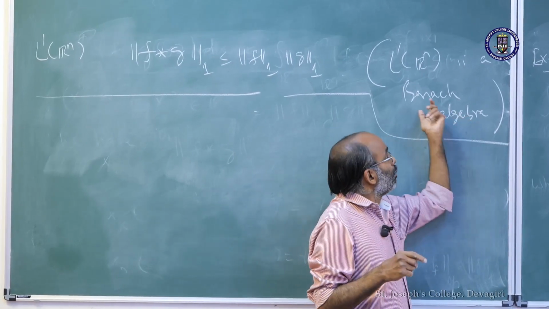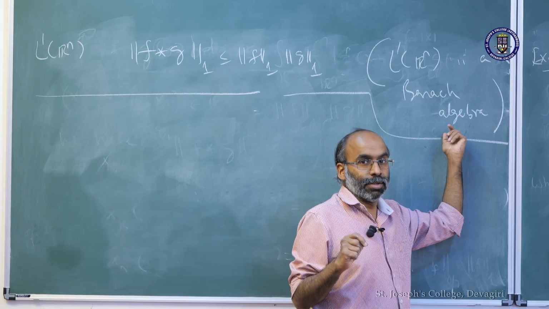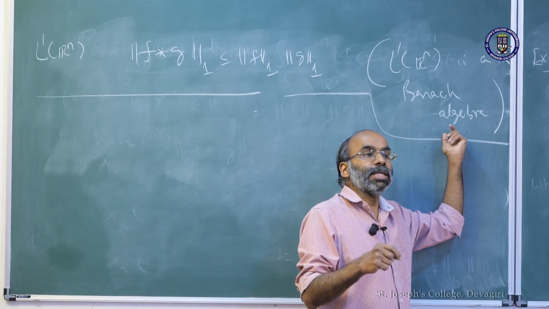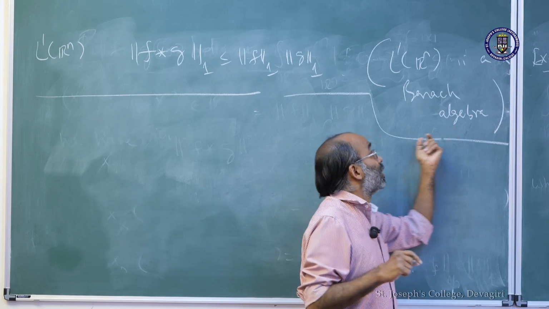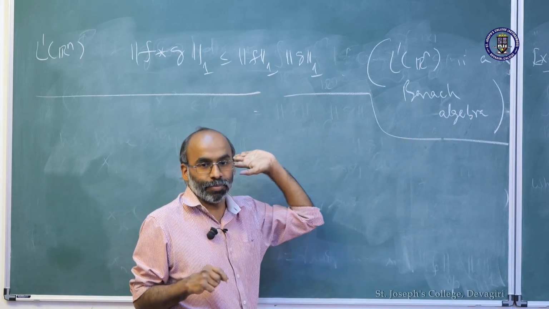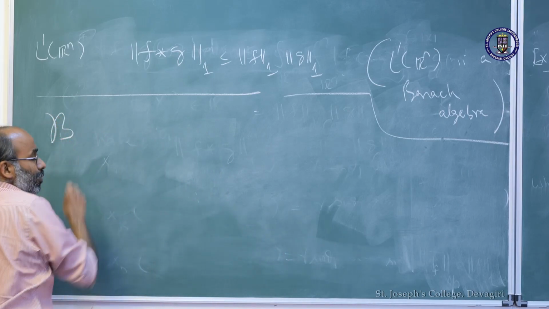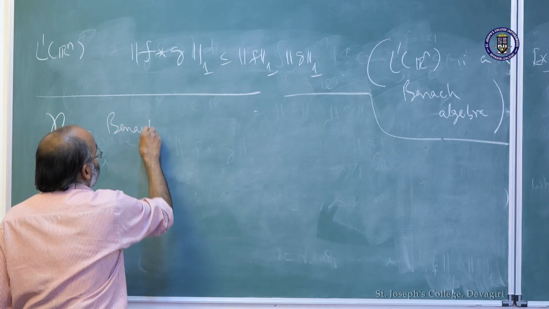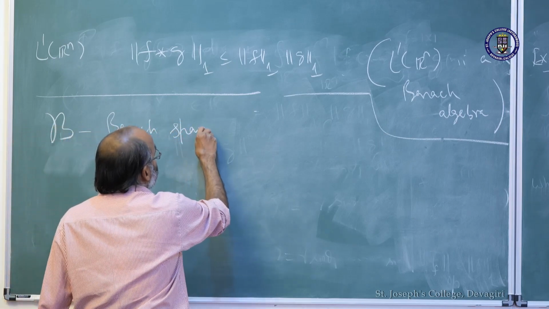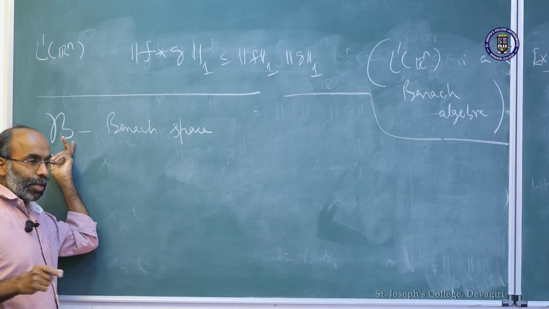Okay, Banach algebra would mean it's a Banach space where there is a multiplication. Okay, but you want the multiplication to be continuous. Right, that's the only extra condition, and that's precisely this inequality. Okay, so let's start with, let's say, script B. Okay, so this is a Banach space. So that means it's a vector space, there is a norm with respect to which it's complete.